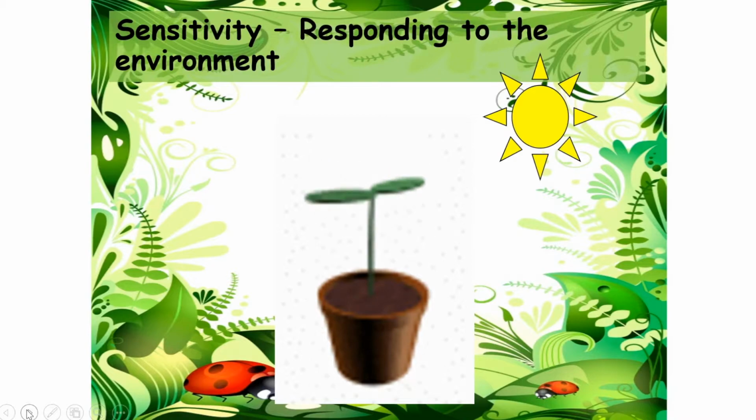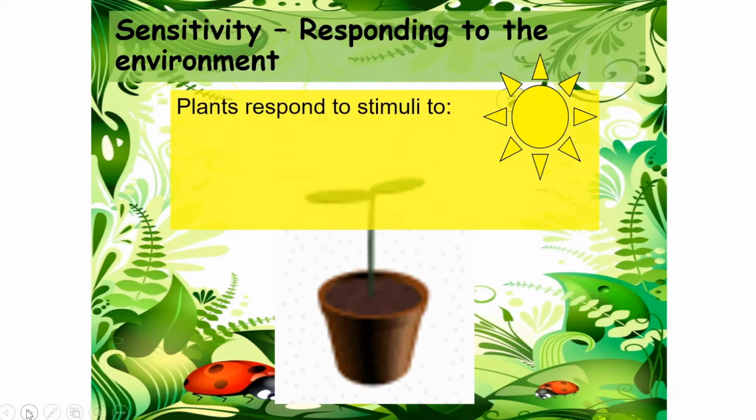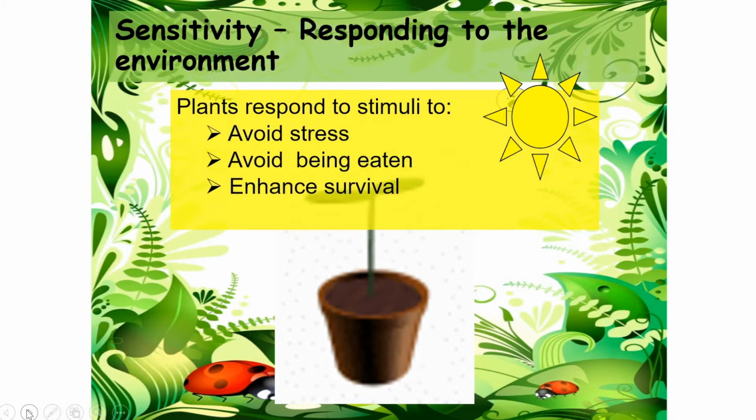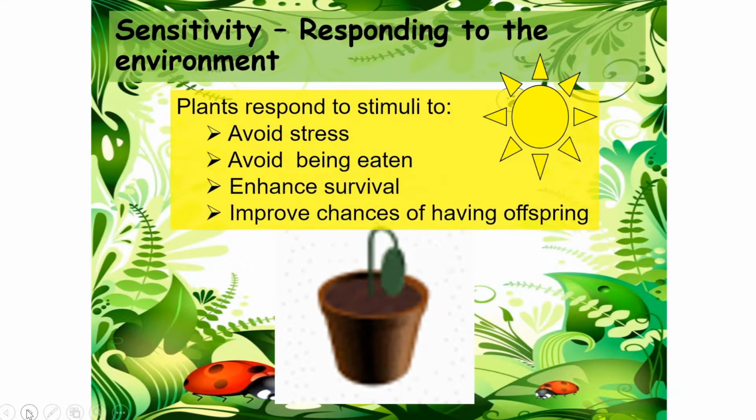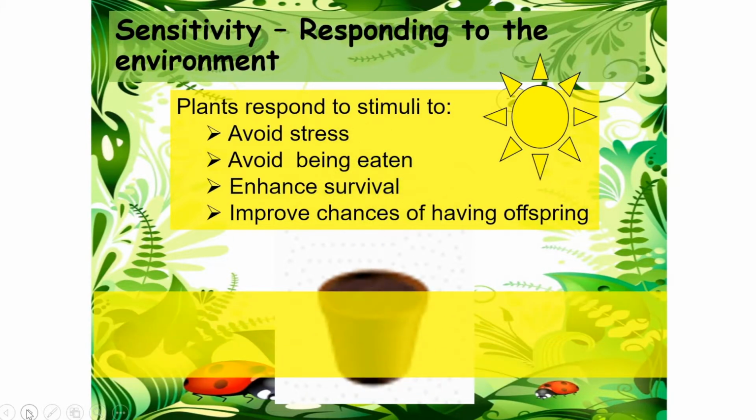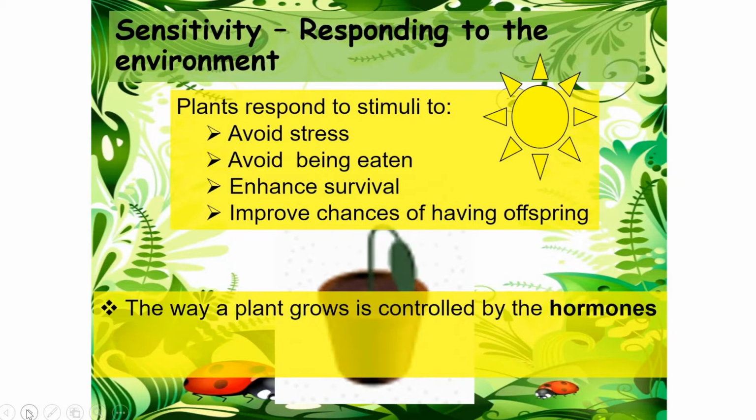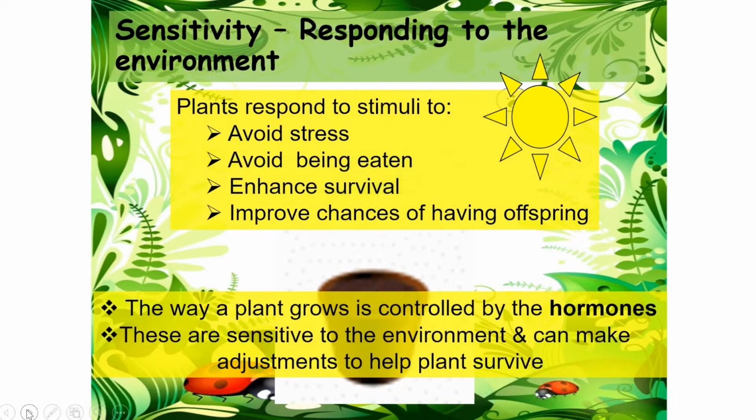Plants are actually quite sensitive to their external environment, and not just plants like the Venus flytrap. Plants respond to stimuli to avoid stress, avoid being eaten, enhance their survival, and improve their chances of having offspring. The way a plant grows is controlled by the hormones, and these are sensitive to the environment and can make adjustments to help the plant survive.